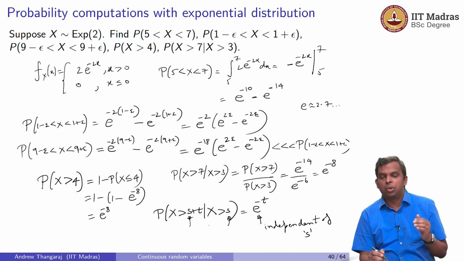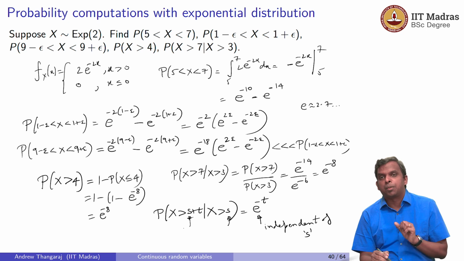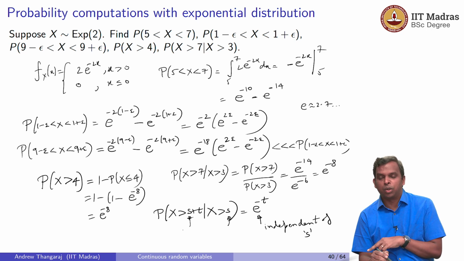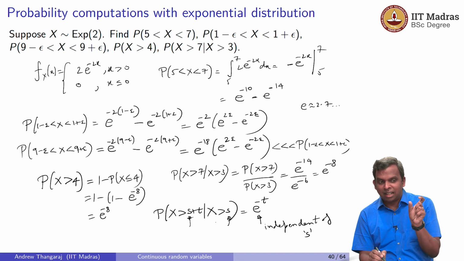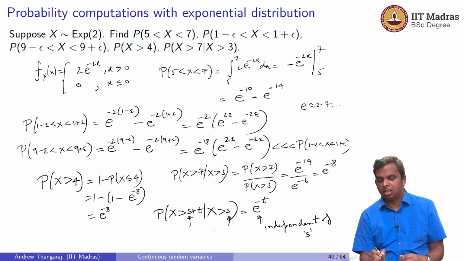So, if you are given that x is going to be greater than 100, probability that x is greater than 100 plus 1 given x is greater than 100 is the same as probability that x is greater than 1001 given x is greater than 1000. So, it does not matter where you are, that gap is what controls the conditional probability. The conditioning is important. If it is not conditional, then things change quite a bit.